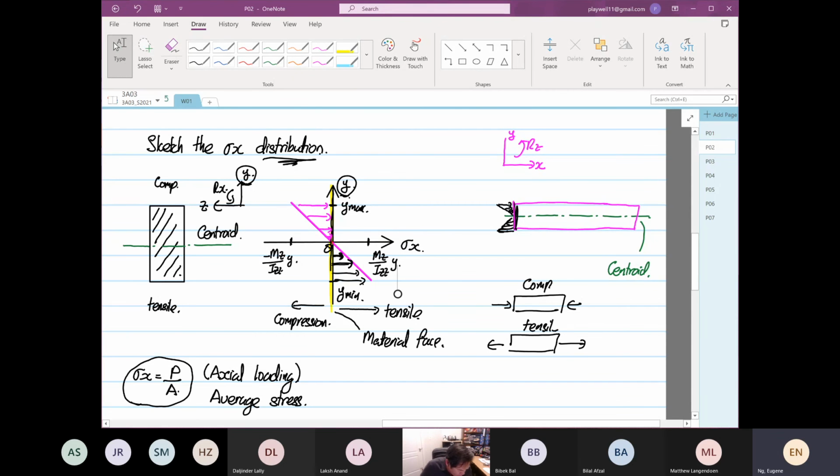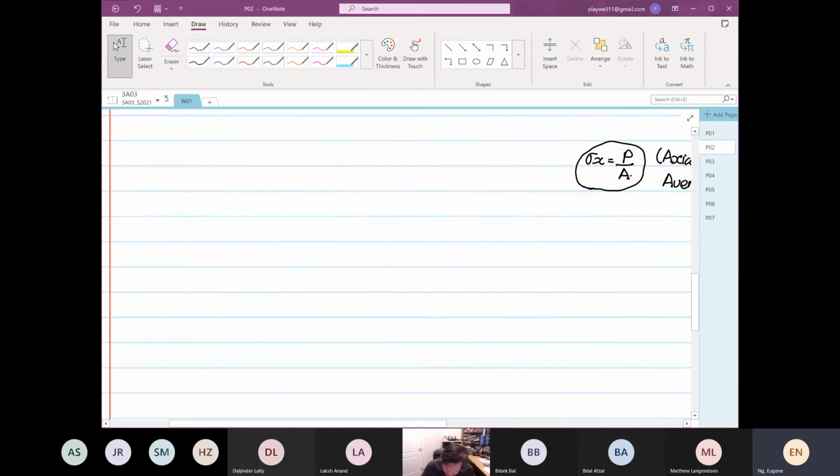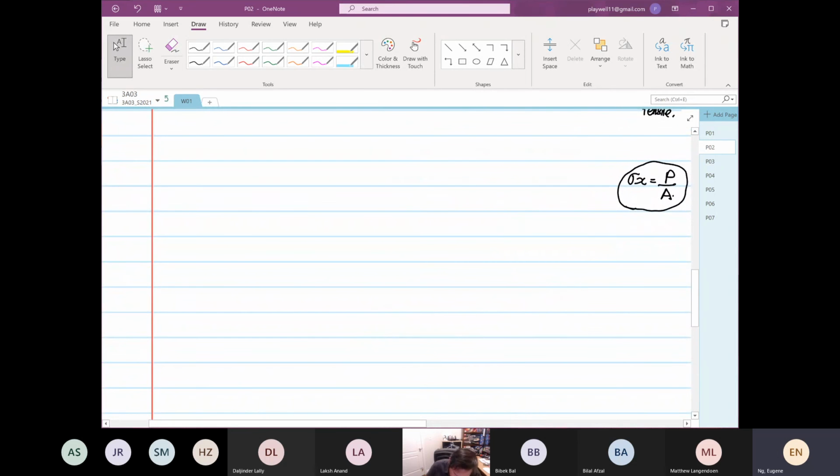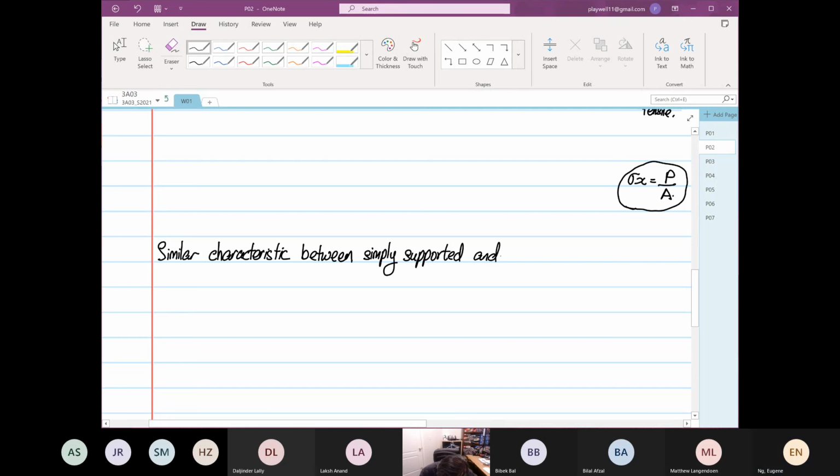Now we are going to look at the similar characteristic between simply supported and cantilever beams.